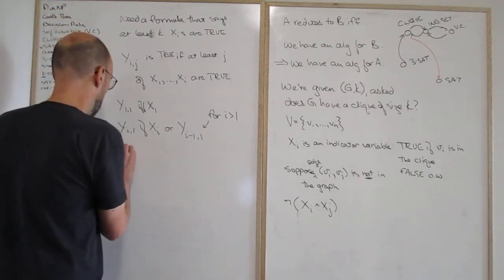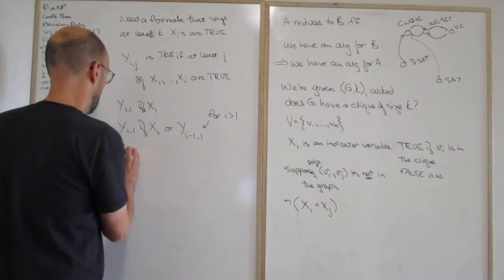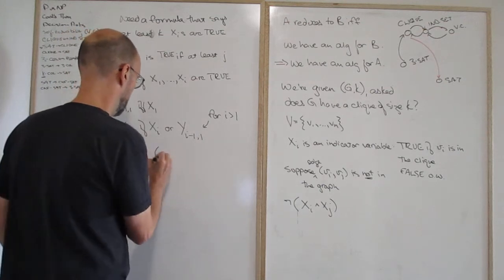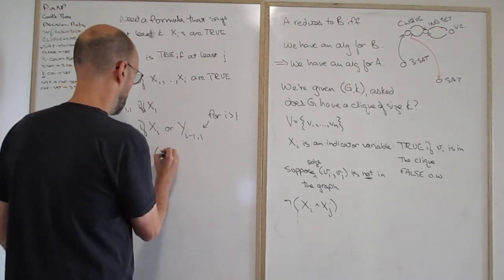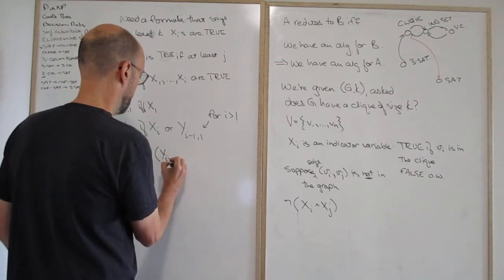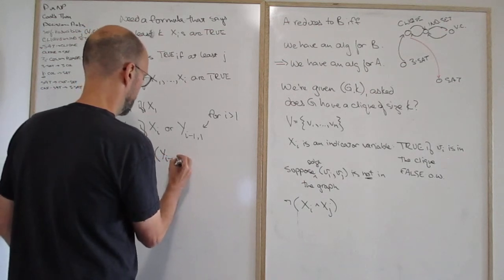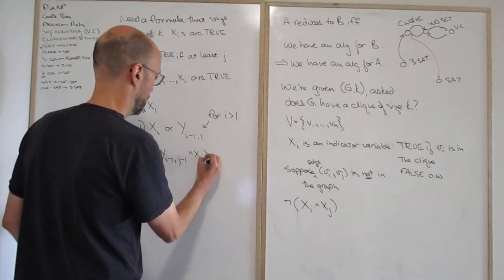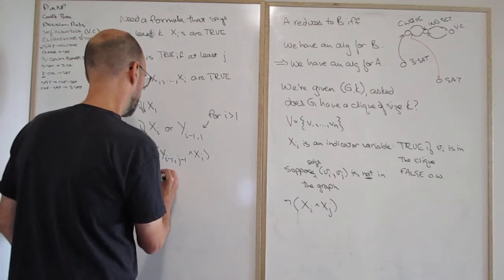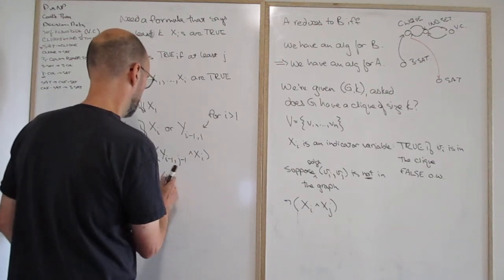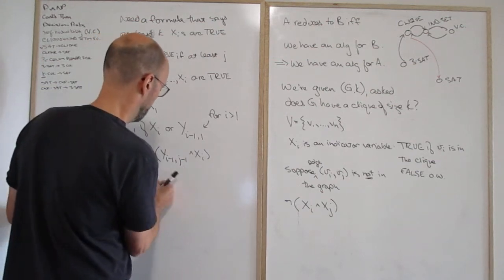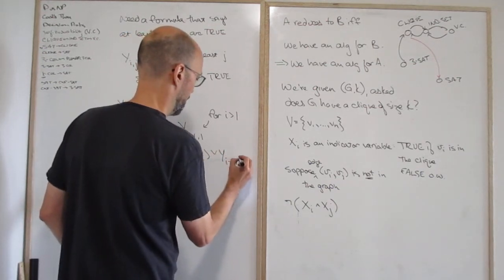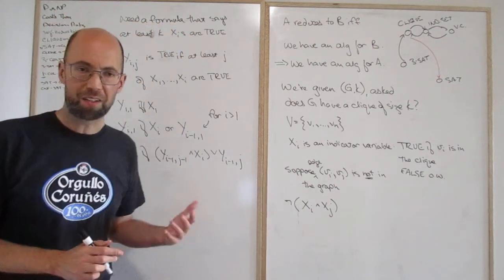And you say, okay, yij if either yi-1,j-1 and xi, or yi-1,j. Feels a lot like dynamic programming.